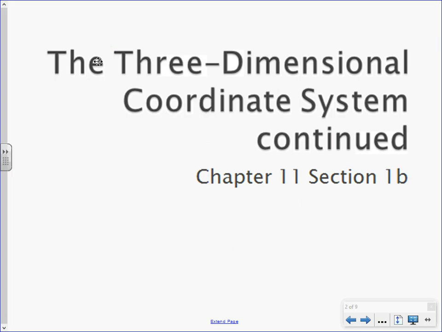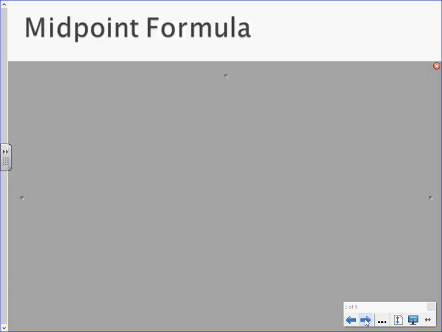Okay, so we are going to continue with three-dimensional coordinates. We're going to talk about the midpoint formula. Can someone please explain? How about you do this first?